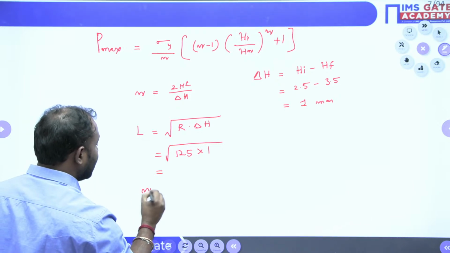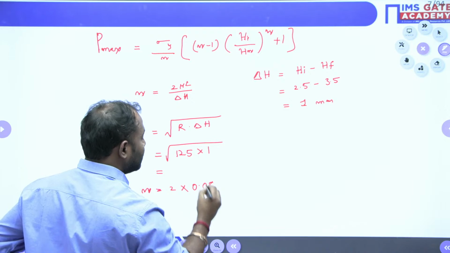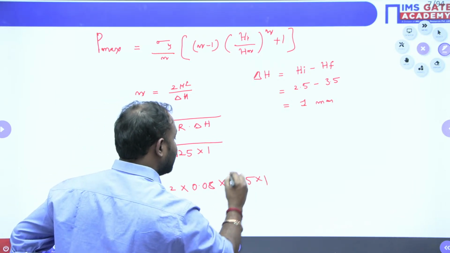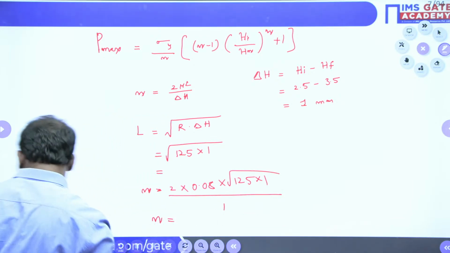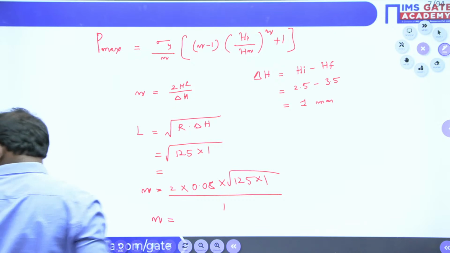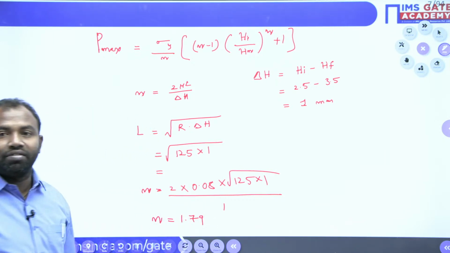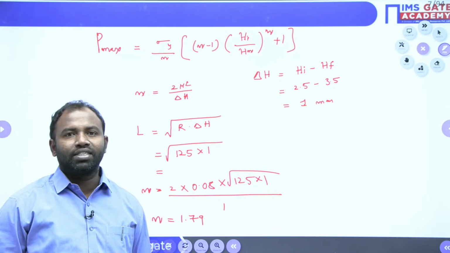So, now n equal to 2 into mu 0.08 into L is root of 125 into 1 divided by 1, such that I am going to get my n value equal to 1.79. 1.79 my n value I am going to get. Clear, everybody? Okay, guys.